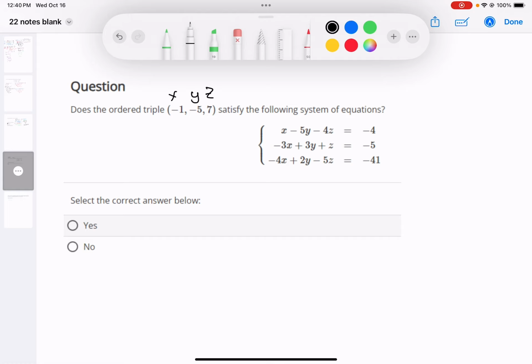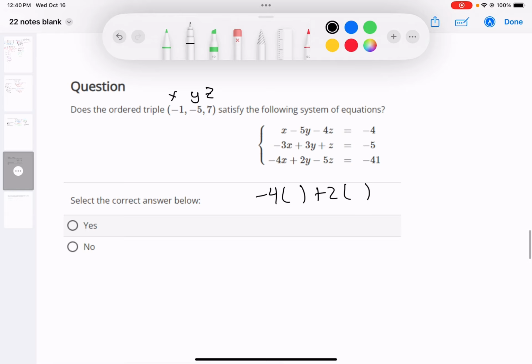Doesn't necessarily mean that there isn't one. I have found on these that it's usually the third equation that makes it not true. So pro tip, start with that one. Just because the third one's true doesn't mean the other two are, but it's usually where I found that it makes the mistake first.